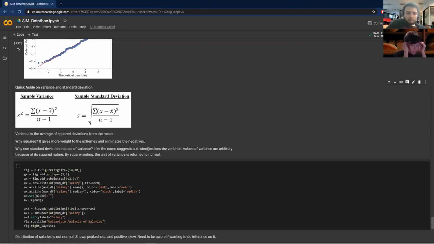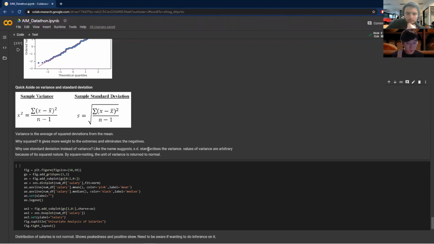That's a very simple way of looking at the spread of data. And it's squared because we don't want negative spreads interacting with the positive spreads, because they're both going away from the mean, but we don't want to deal with that.